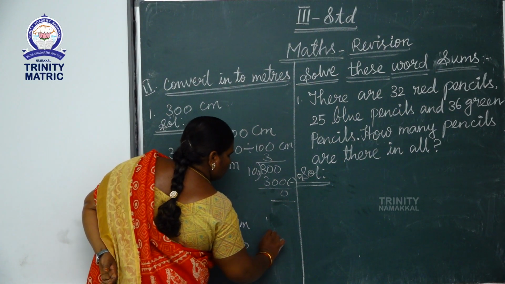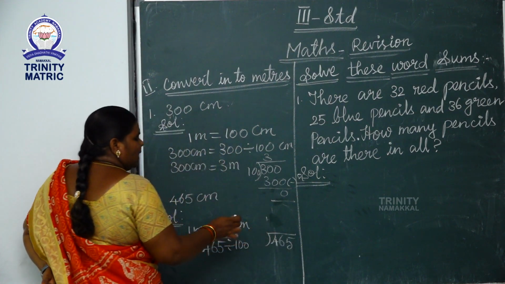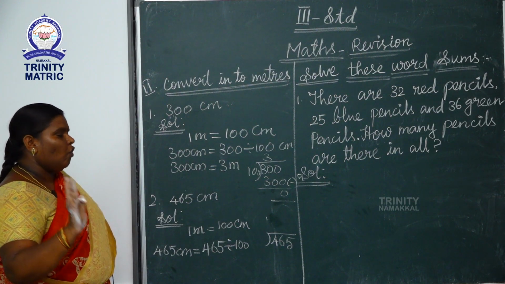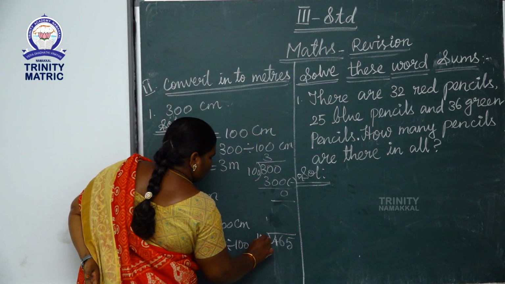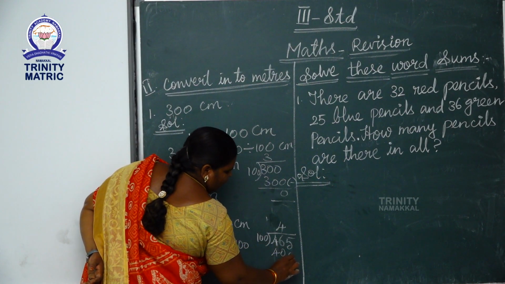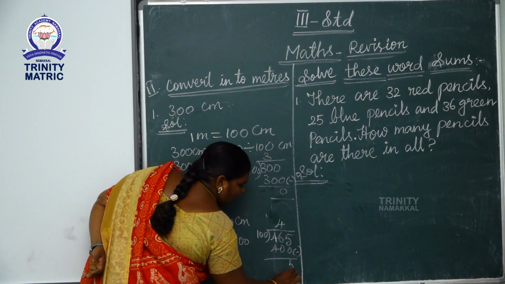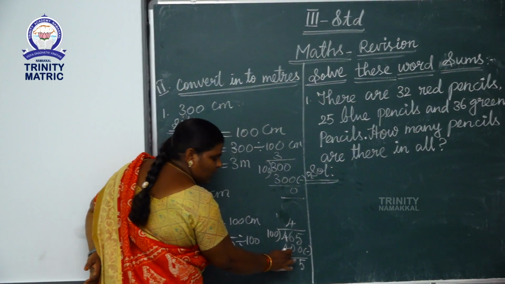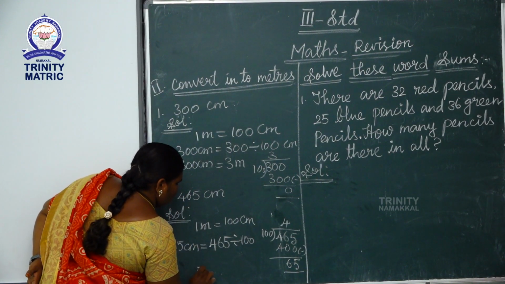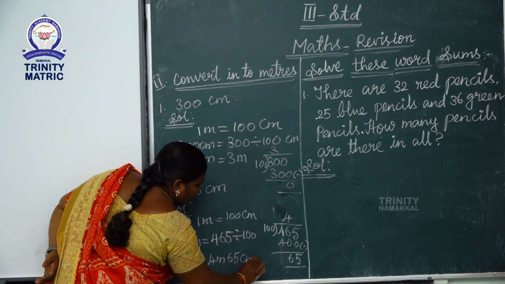You divide 465: 100 is 100, 200s are 200, 300s are 300, 400s are 400. 400 we subtract. 5 minus 0 is 5, 6 minus 0 is 6. So we get 4 meter 65 centimeter. We get the answer.